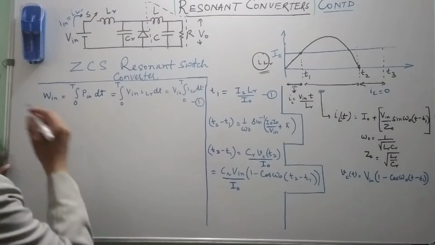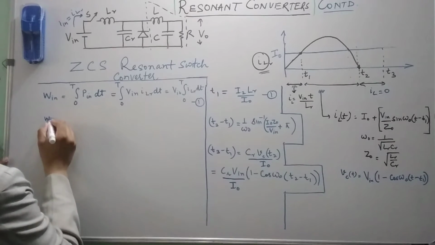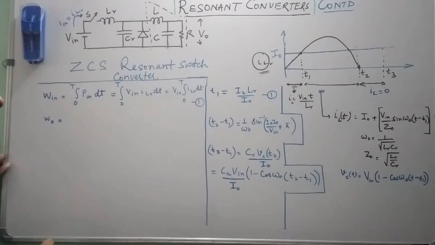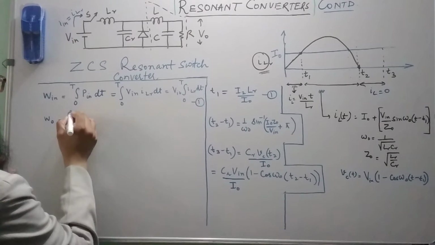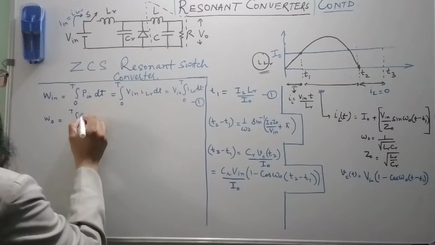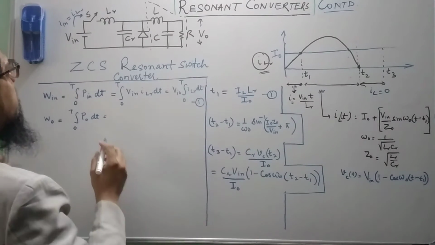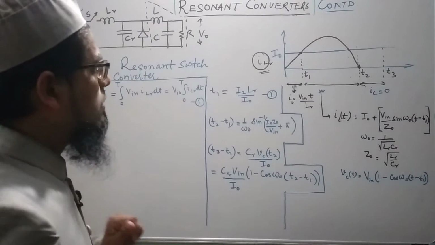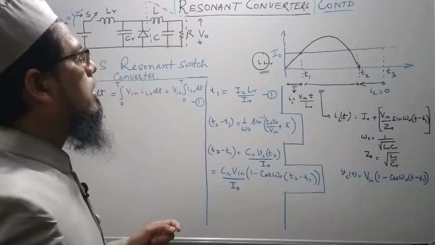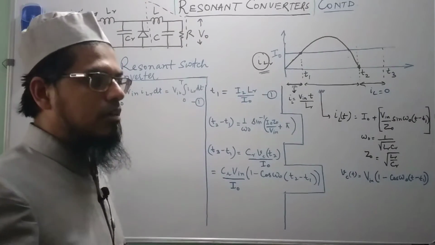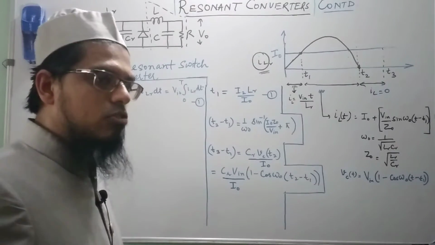In the second equation, I will write down the expression for the energy received at the output. Let me call it W0. So, W0 equals the integration from 0 to T of Po dt, and this will be equal to, now since we have assumed that the output voltage V0 is fixed, moreover the current that is being taken by the load is also constant, I0.